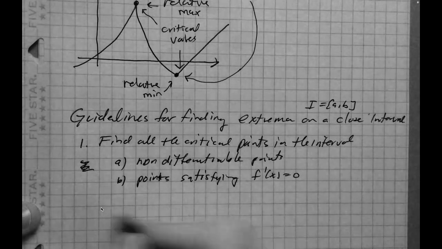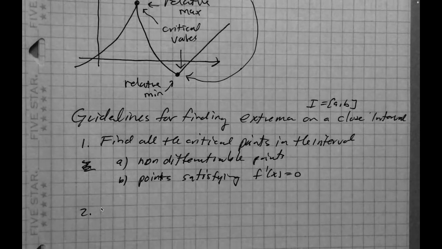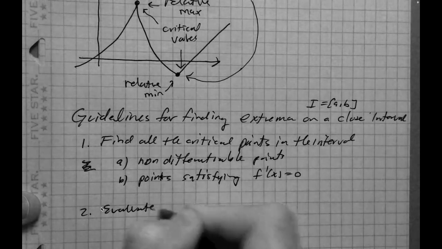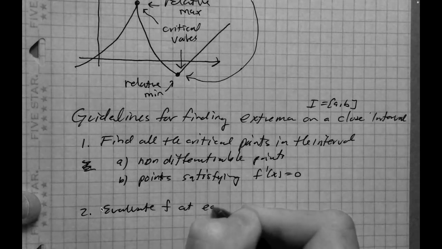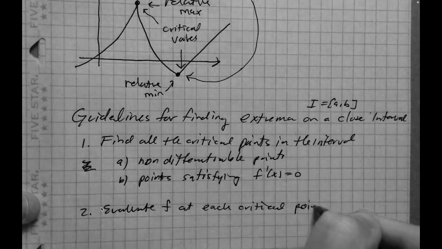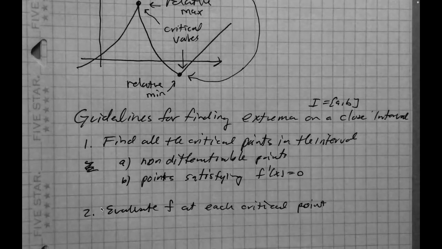All right, step 2 then. Once you've figured out all your critical values, you want to evaluate f at each of these critical points. Remember, you're trying to find maximums and minimums, so you need to figure out the value of f at each of the points.